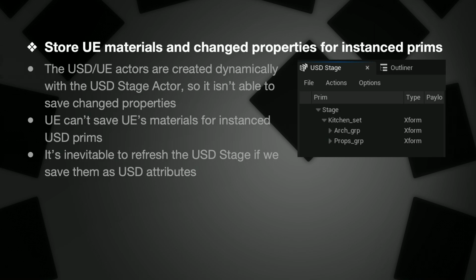So that being said, that doesn't allow us to save the changed properties and the materials, for instance, the prims. We also tried to save them as USD attributes, but it's inevitable to somehow refresh the USD stage in Unreal, and for some of our heavy environments, even just refreshing part of that would take maybe 5 minutes.